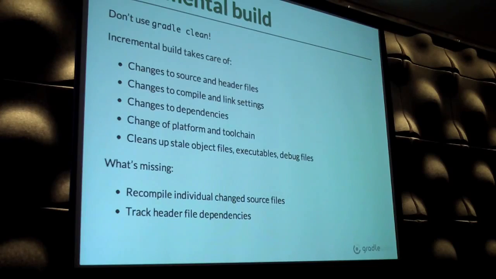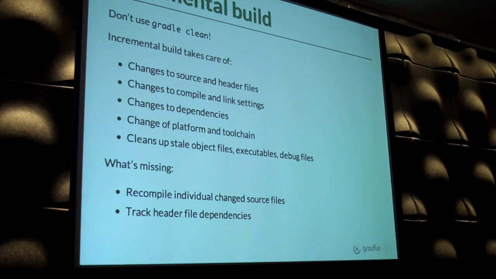So yeah, we've pretty much seen all this stuff. The incremental build is all about being accurate, so you don't have to redo work that you've already done, but do that in an accurate way so you don't get strange behaviors of things being half up to date, half out of date. So we deal with changes to header files, source files, settings, changes in dependencies.